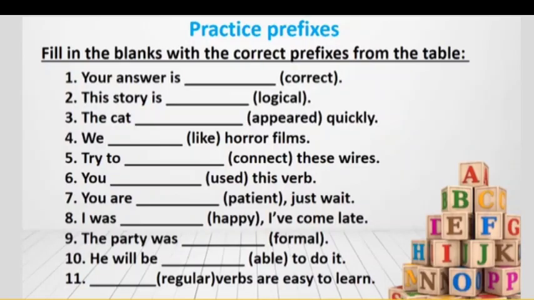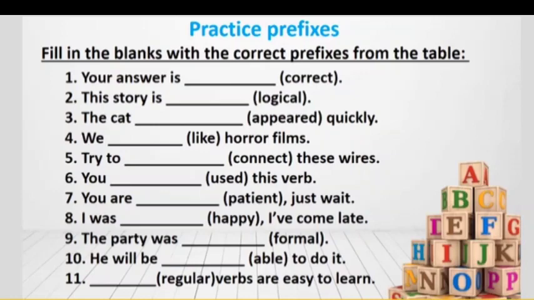Now let's do some practice. Practice prefixes. Fill in the blanks with the correct prefixes from the table we have just seen. Number 1, your answer is (blank) correct. Number 2, this story is (blank) logical. Number 3, the cat (blank) appeared quickly. Number 4, we (blank) the verb to like horror films. Number 5, try to (blank) the verb to connect these wires.